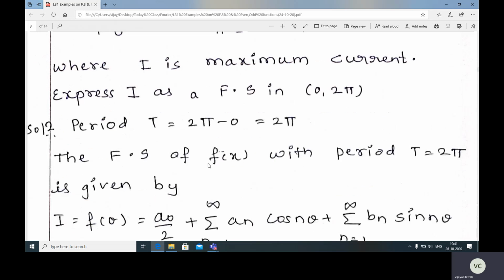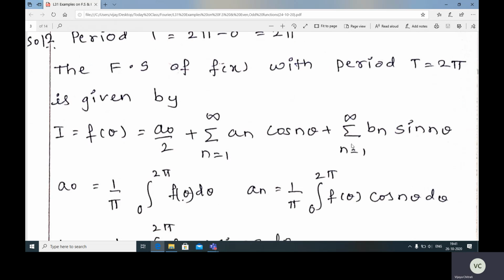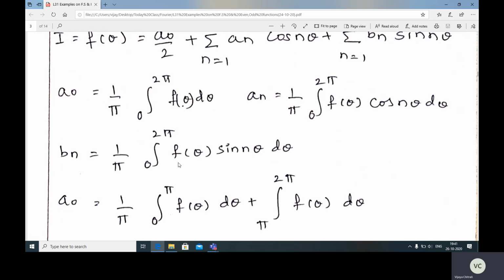So I is equal to f of theta, which is a naught by 2 plus summation n is equal to 1 to infinity a n cos n theta plus summation n is equal to 1 to infinity b n sin n theta, where a naught is equal to 1 by pi integration from 0 to 2 pi f of theta d theta, a n is equal to 1 by pi integration from 0 to 2 pi f of theta cos n theta d theta, and b n is equal to 1 by pi integration from 0 to 2 pi f of theta sin n theta d theta. So we need to find here a naught, a n, b n.